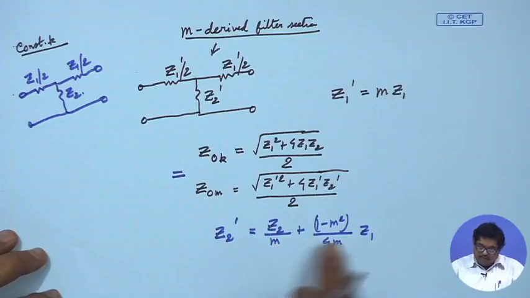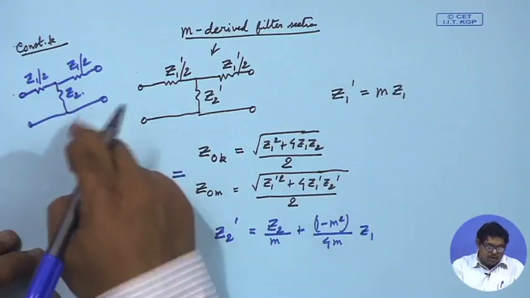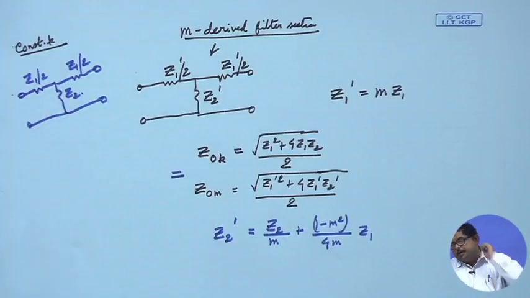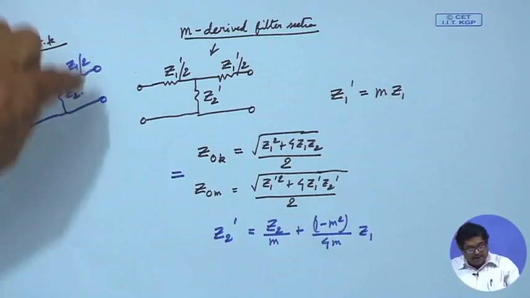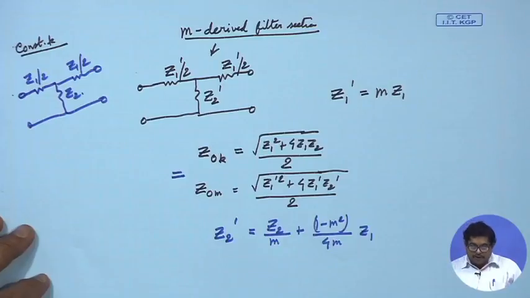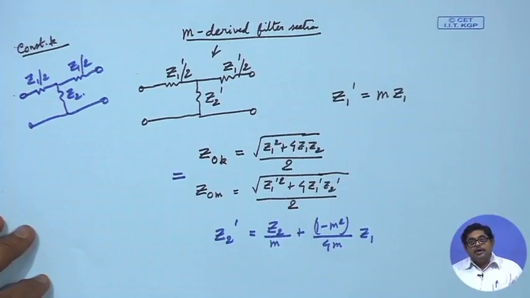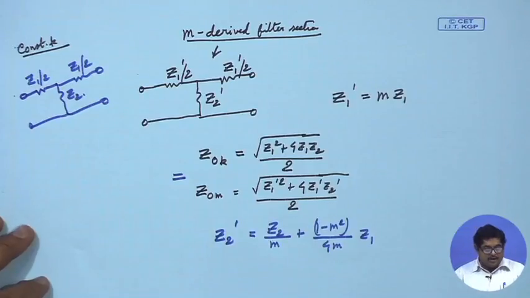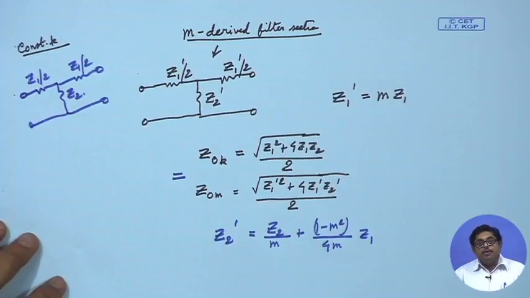If you remember that Z1 and Z2 are the impedances of the series and shunt arm of the constant k section, and that always to have filter action, they should be of opposite nature.